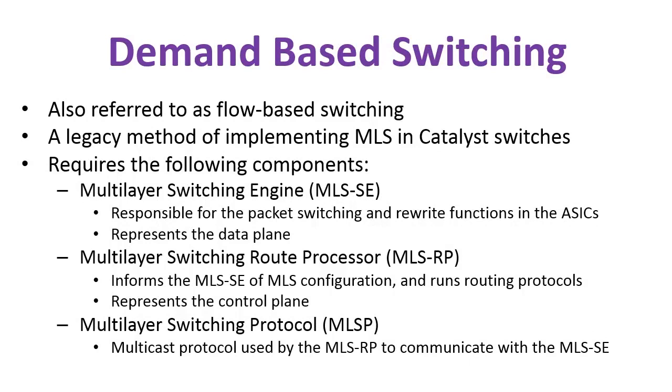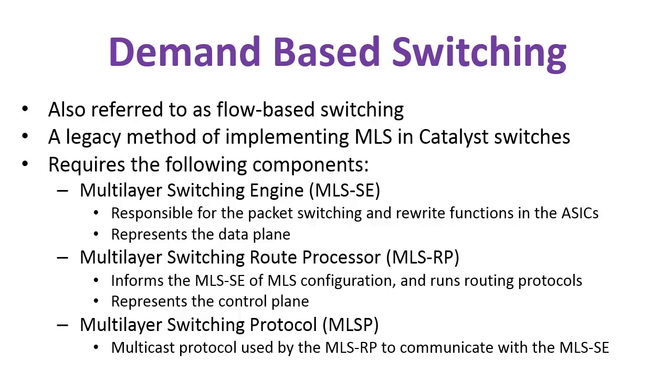Next, let's understand this concept of demand-based switching. This is also referred to as flow-based switching. It's a legacy method of implementing multi-layer switching in Catalyst switches. It does require the following components: the multi-layer switching engine, which is responsible for the packet switching and rewrite functions in the ASICs. Now this represents the data plane, as you've heard about before.